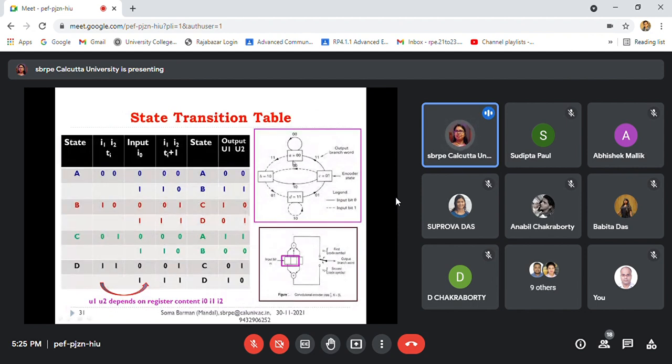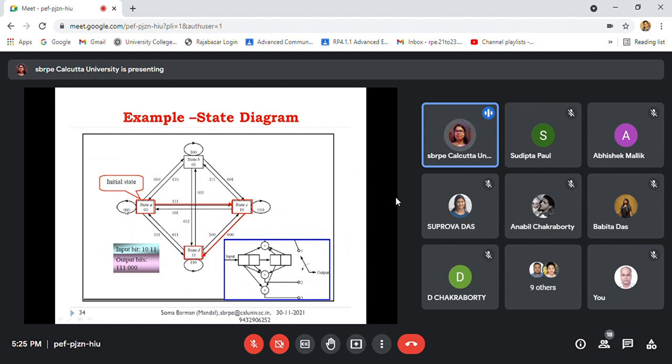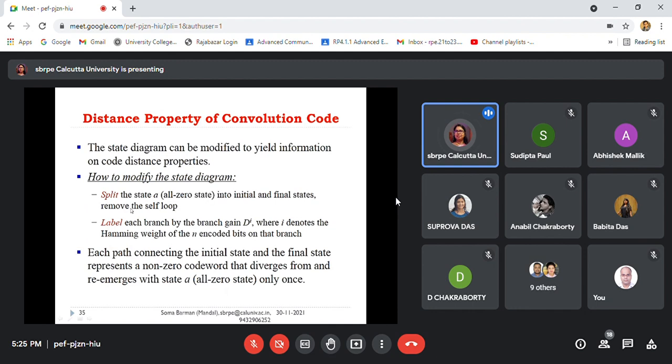In this case, and in this example also, there is a self loop. Here is also a self loop. So when you are considering the distance property, you have to modify the state diagram by removing this self loop.